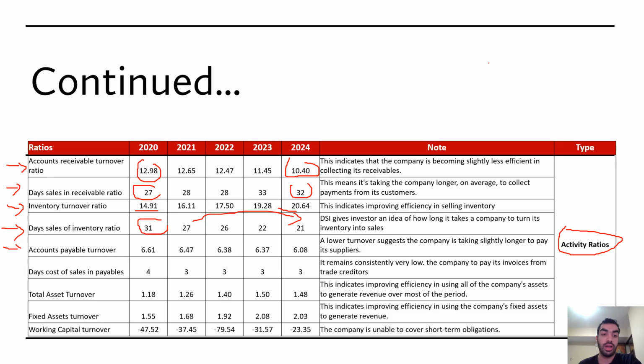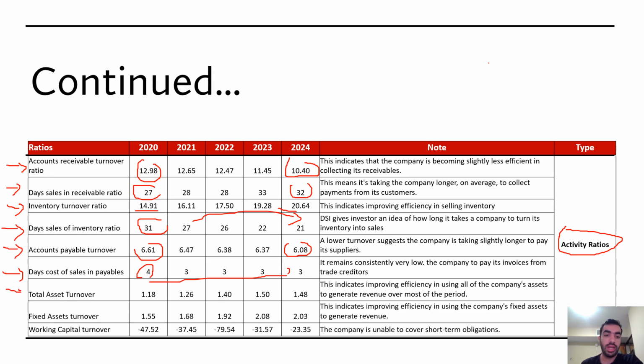Look at accounts payable turnover, gradually declining from 6.61 to 6.08, suggesting slower supplier payments. Days cost of sales in payables is consistently low, from 4 to 3, so it's raising concerns about payment practices.